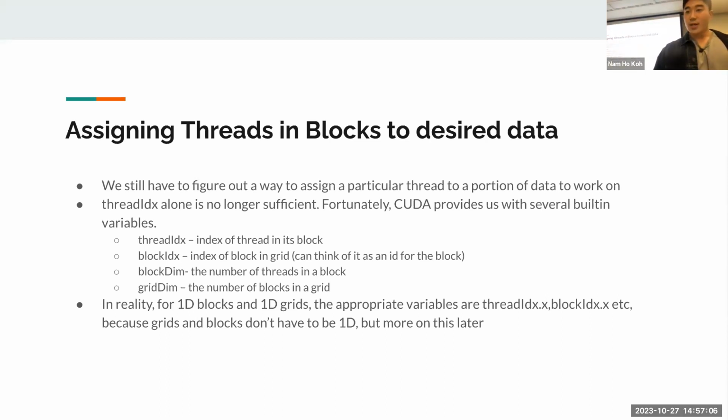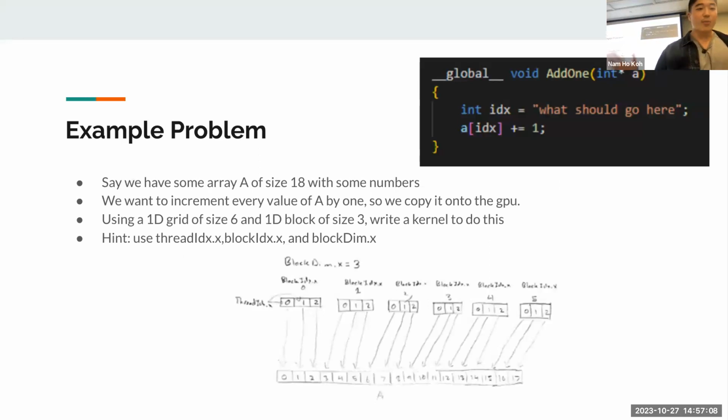So let's go through one example. It's a very trivial problem. Let's say you have an array A of size 18 with some numbers, and we want to increment every value of A by 1. Initially, you initialize the variables and copy them onto the GPU, using a 1D grid of size 6, and a 1D block size of 3.